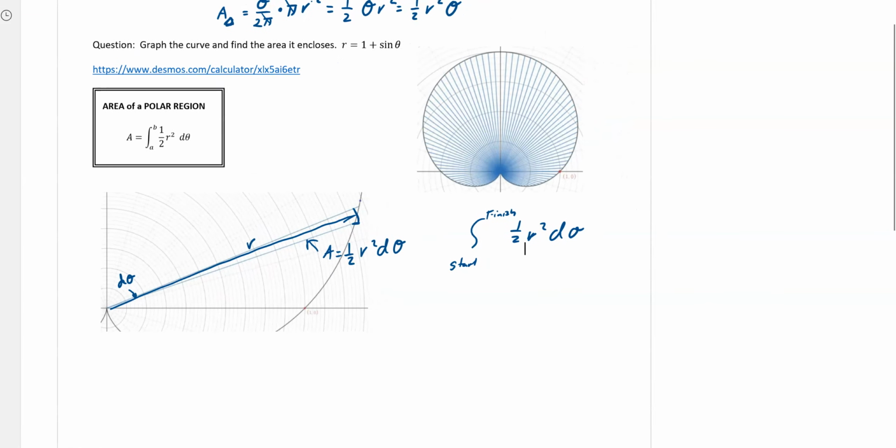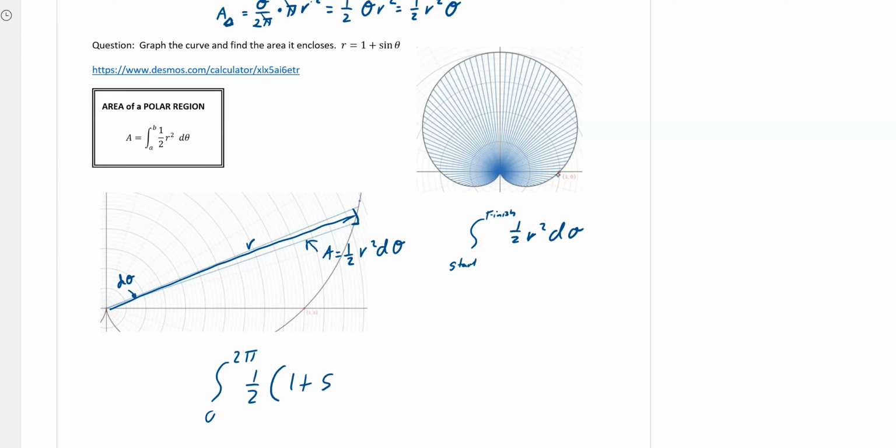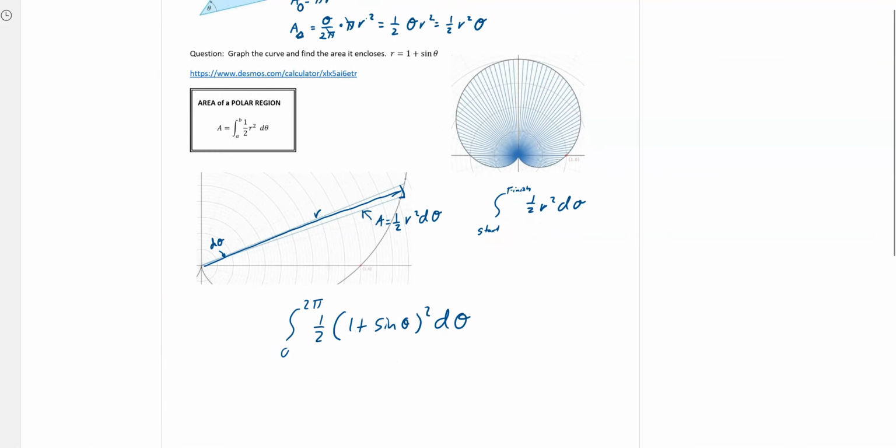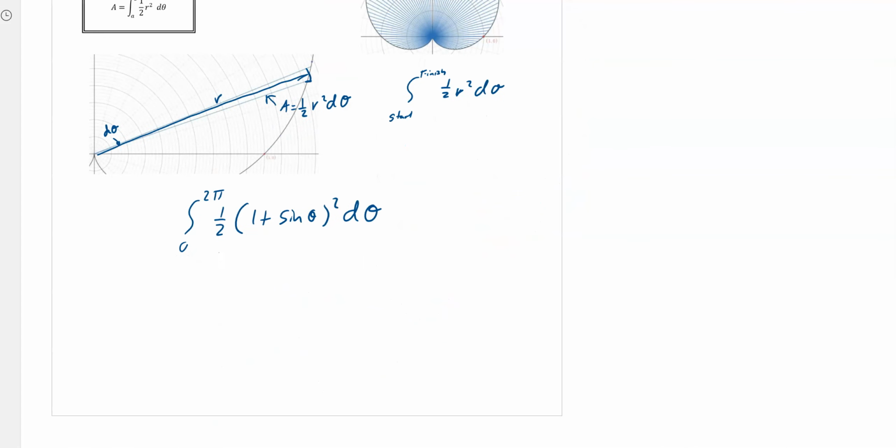To get the full cardioid, we have to go from 0 all the way to 2 pi. Then it's 1/2, and we plug in our r, which is 1 plus sine theta, d theta. Now all we have to do is multiply all of that out. So we get 1/2, and then 1 plus 2 sine theta plus sine squared theta. Then we distribute the 1/2.